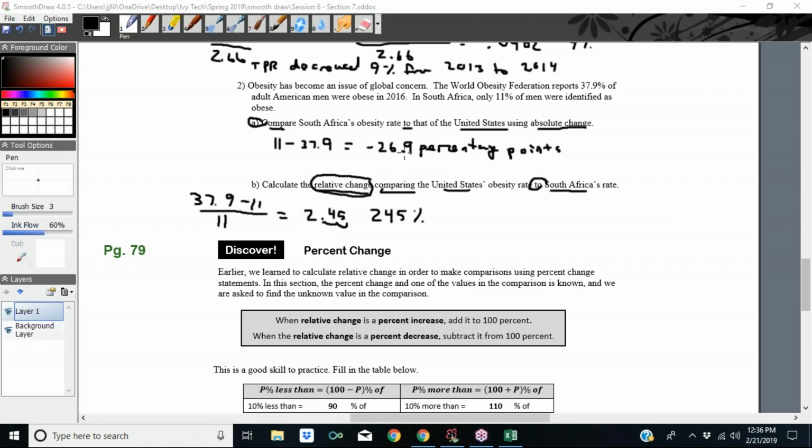So South Africa, 26.9 percentage points less than the US. And then the relative change, comparing the US to South Africa, we have a relative change of 2.45 or 245%, which means that the obesity rates in the US are 245% higher than the obesity rate in South Africa.